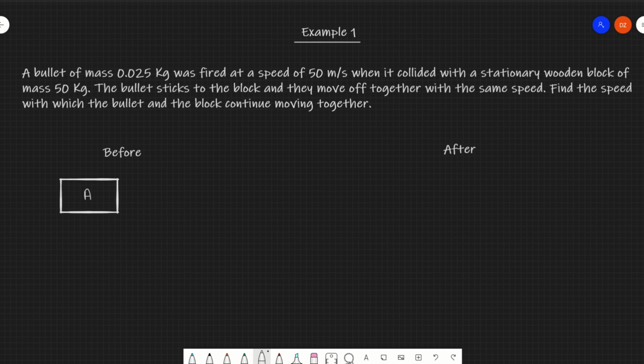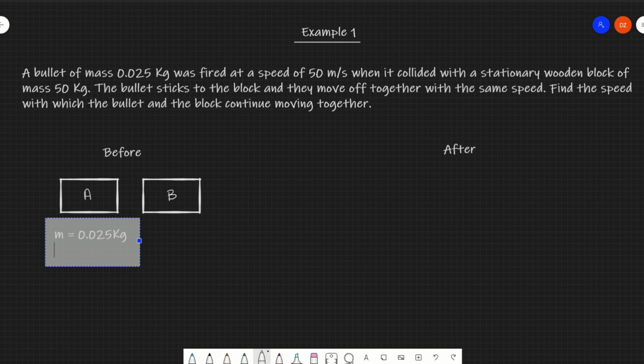This will be body A. Similarly, we have body B. Each body has its respective mass and velocity. The mass for body A before collision was 0.025 kilograms, while the velocity for body A before collision was 50 meters per second.